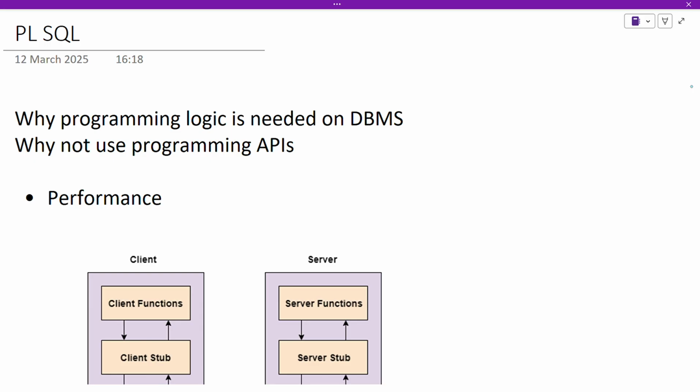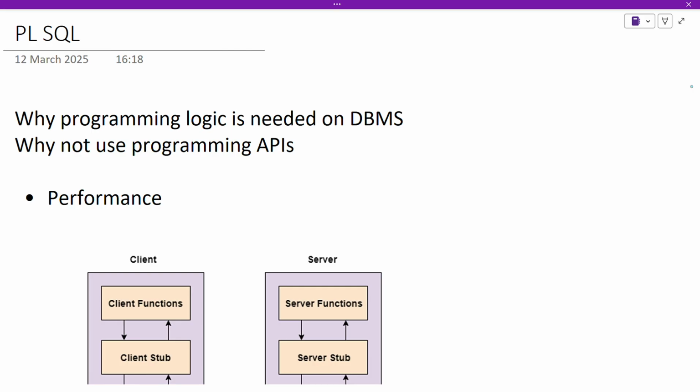Coming to programming languages, as we had discussed, we wanted to run some sort of function, we wanted some output, and we want to do something with the output of an SQL query. Then why can't I just use any other application programming language and use an API to connect with the database and do whatever I want?